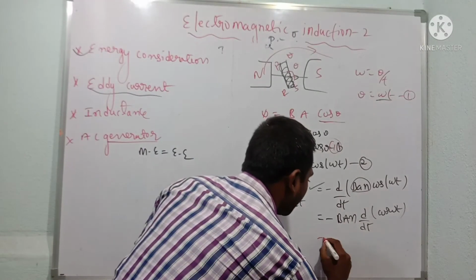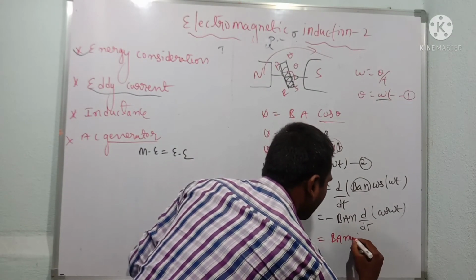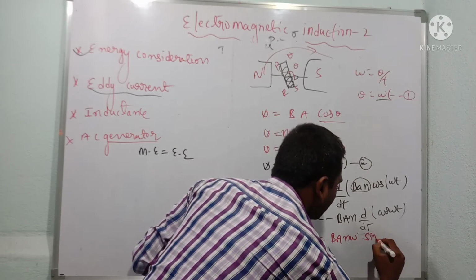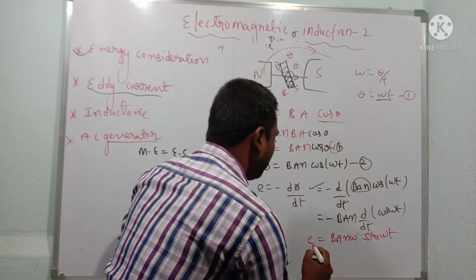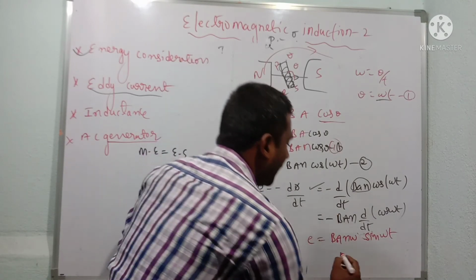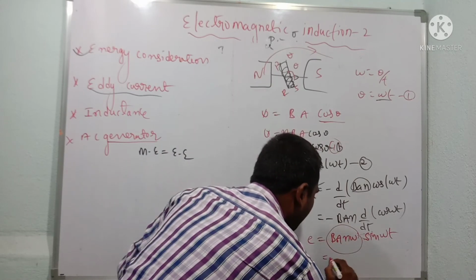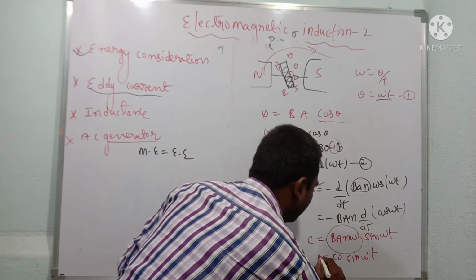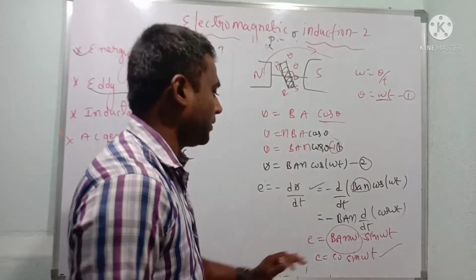So this becomes plus BAN omega sin omega t. Students, this is the expression for induced EMF, and omega BAN is called E naught, so it becomes E naught sin omega t. This is nothing but the expression for induced EMF in the generator.